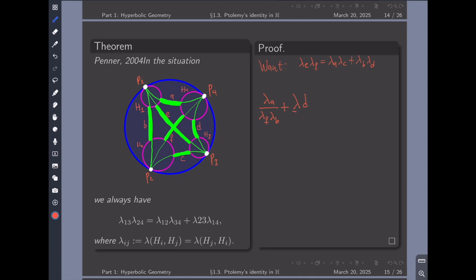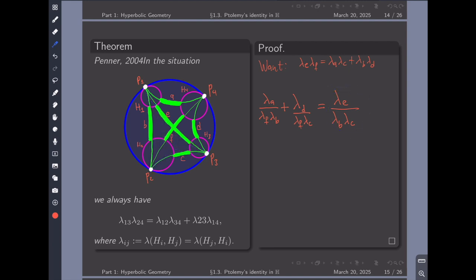Lambda D divided by lambda F, lambda C. Yes, but then if I consider this triangle, the whole thing is equal to the opposite, which is lambda E divided by lambda B, lambda C. So for the second one, I'm looking at this triangle and this horocyclic segment.